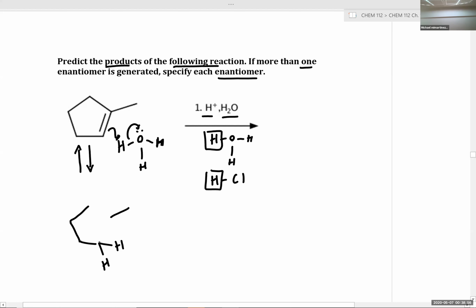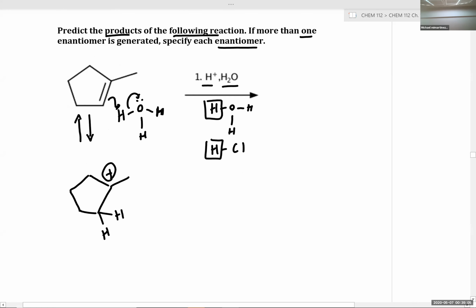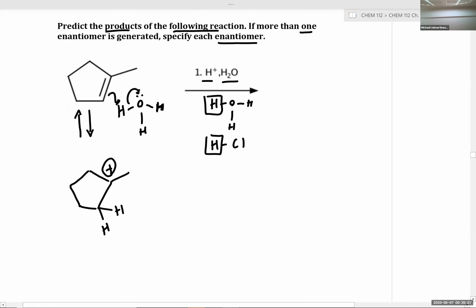Now, once we have our small amount of tertiary carbocation, what is our nucleophile in this case? What is our electron-rich species?